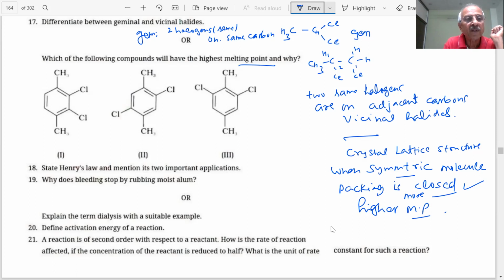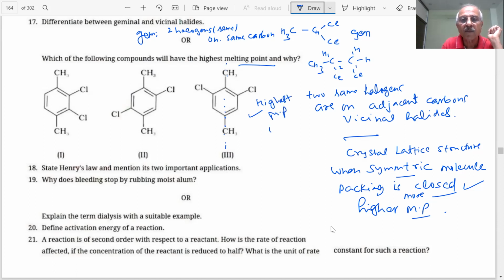Here you can see this doesn't have symmetry. Similarly, here also it doesn't, but this molecule looks quite symmetric, as you can see. Cl, Cl. So these molecules are going to pack more closely. Which of the following will have the highest? This will have the highest melting point.